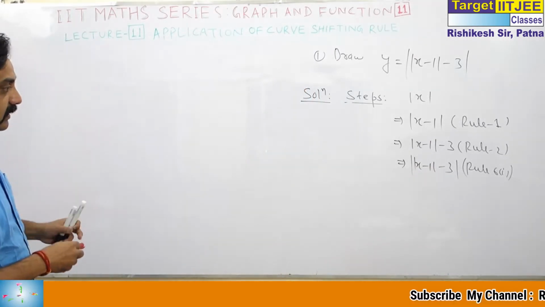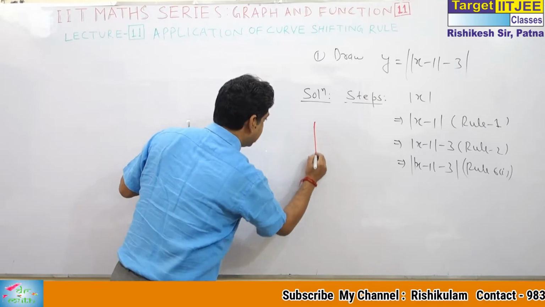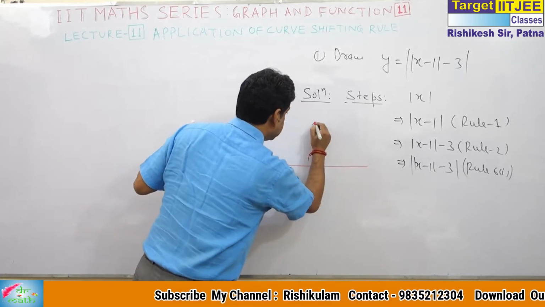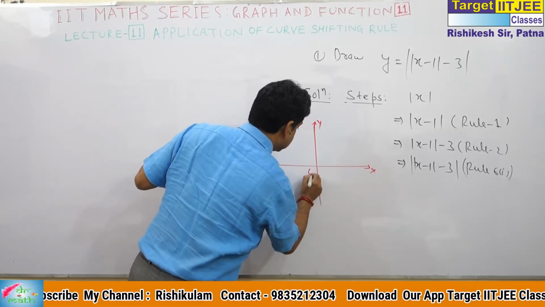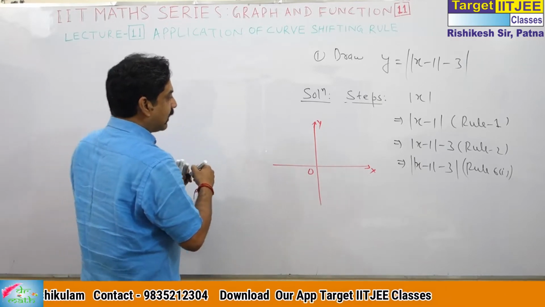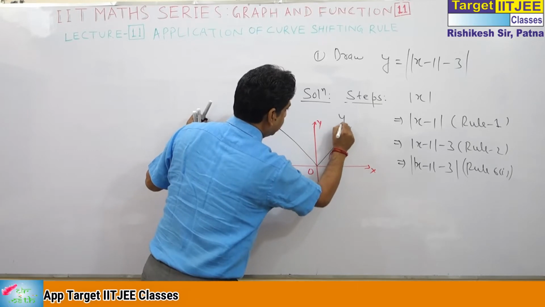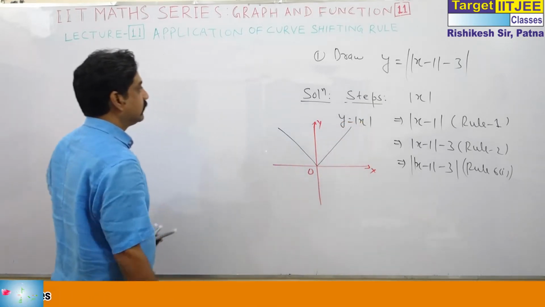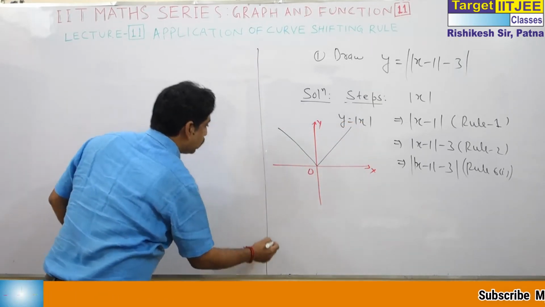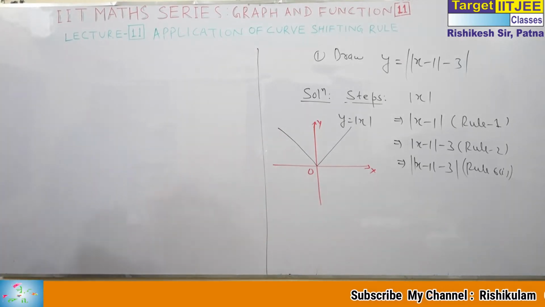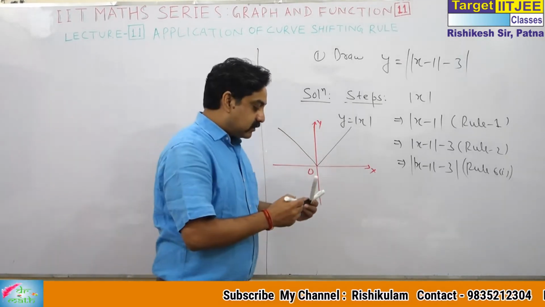So now see the graph. Let me start with what? This is the y-axis, this is the x-axis, and I start with mod x. So this is y is equal to mod x. What after that? Now take modulus of x minus 1.